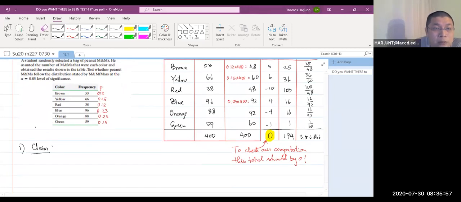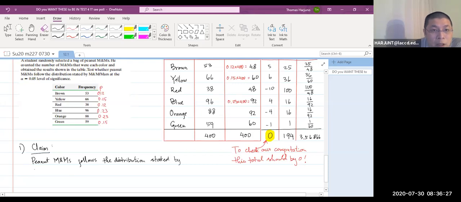Peanut M&Ms follows the distribution stated by Mars.